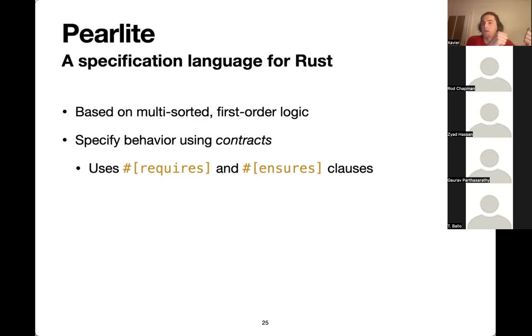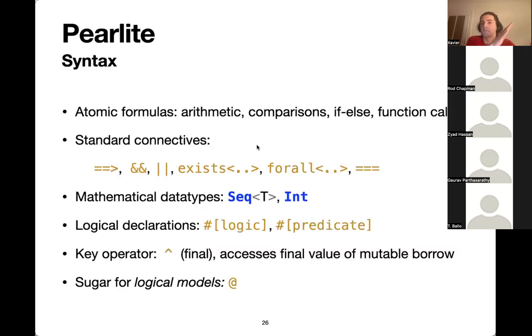Those contracts are composed of predicates or propositions, which are basic. We have all sorts of basic expressions: arithmetic comparisons, if else, function calls, all that fun stuff. And then we have a bunch of standard connectives that we would find in a specification language.